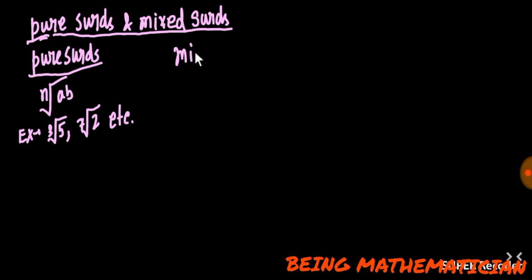And mixed surds is a into nth root of b.